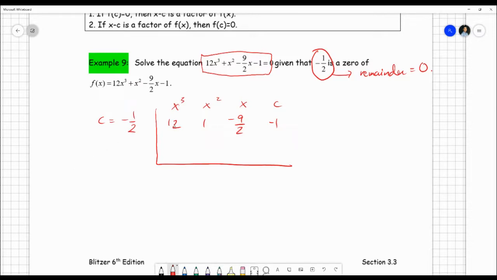All right, so set it up just the same as we did before using synthetic division. Here I'm bringing down my first number, multiply, so this is negative 6. Combine this, you get negative 5. Multiply this to get 5/2.